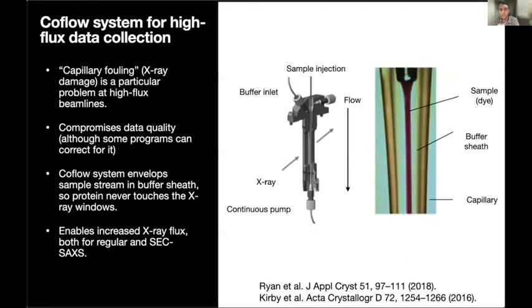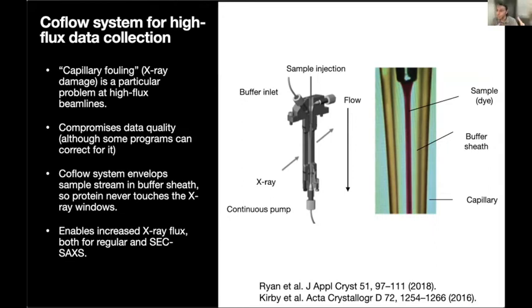Okay, another thing people are doing is coming up with clever ways to reduce radiation damage, and this CoFlow setup has been implemented at several beamlines. It was first described by Nigel Kirby at the Australian Synchrotron. The idea is you basically don't ever let the protein touch the walls of the capillary.